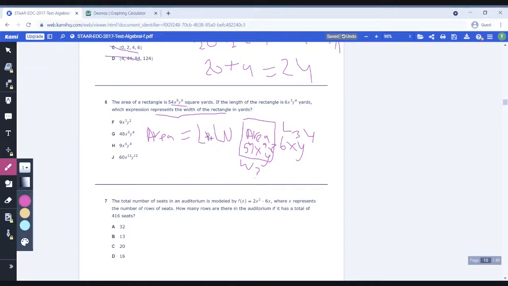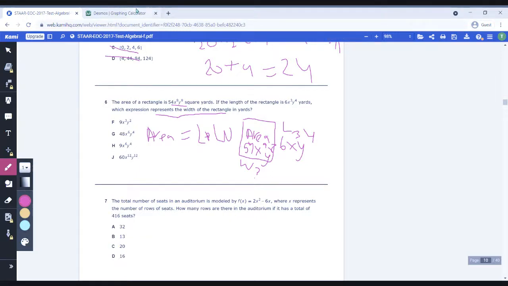So to get the missing width, we would have to divide 54 x to the power 9 y to the power 8 by 6 x to the power 3 y to the power 4 to get our width, right? Because if you multiply the length and width, you get the area, so if you divide, you should get the missing one.